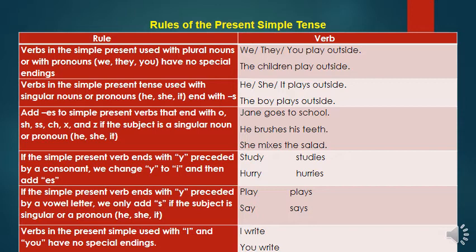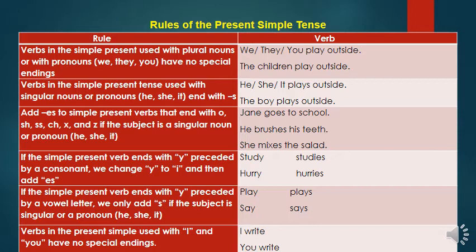Ch, like the word watch. He watches TV every day. So we add es because the verb ends with ch. When the verb ends also with x, we add es, like mixes. We added es because the verb ends with x.